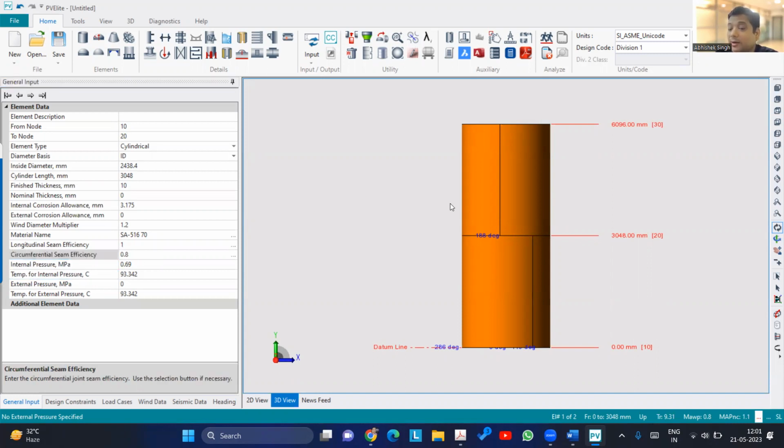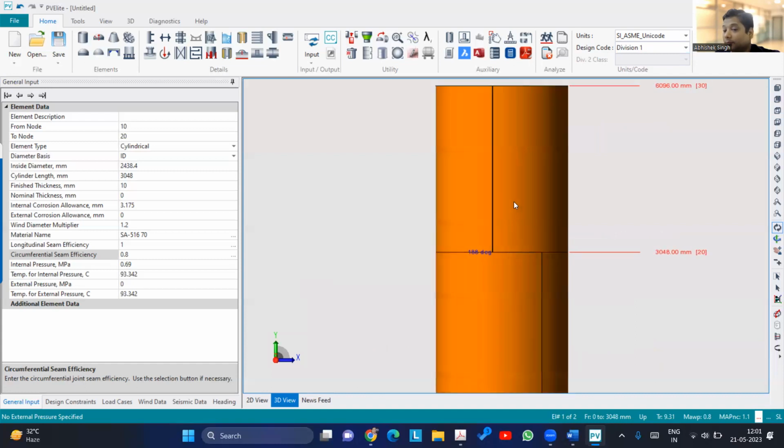Because we have not modeled wind or seismic completely, once that is there, it will have more meaning. But typically, if you see RT1 and RT2, you will get the same thicknesses. You will not have much difference, and that is the reason RT2 becomes favorable to fabricators.